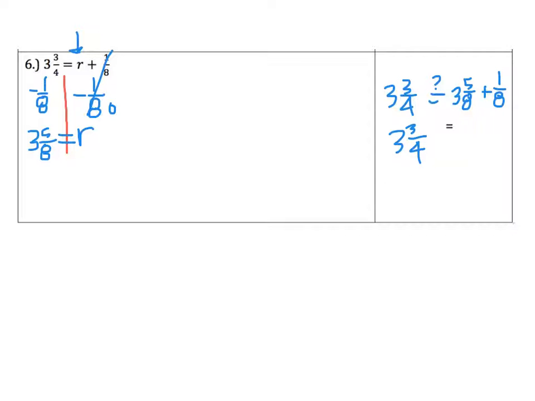But I always want you to double check in the calculator to make sure that you're doing the addition correctly. Okay, but once we type it in the calculator, we see that both sides do equal 3 3/4. So my final answer is 3 5/8.